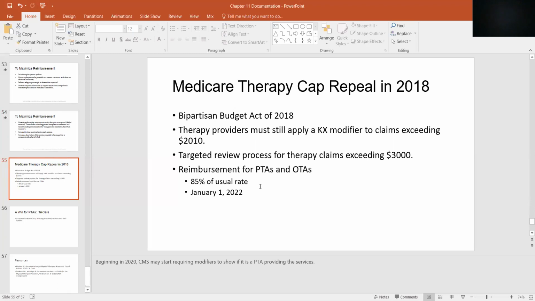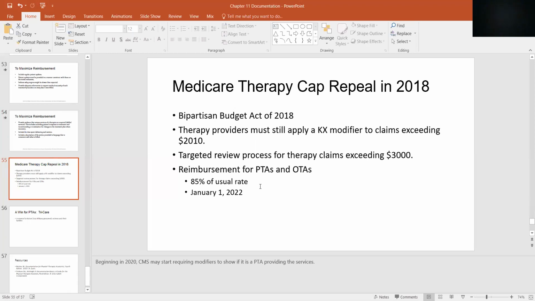This will not take place until January 1st, 2022. I know the APTA and the AOTA are working to have this not be as much of an impact as it looks like it's going to be, but it is still something to be aware of.